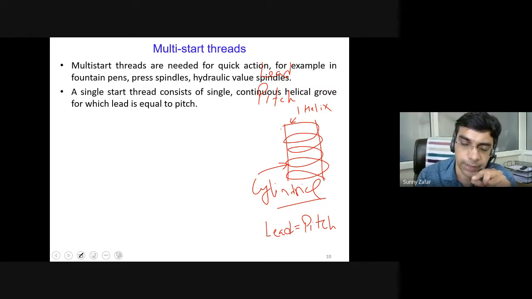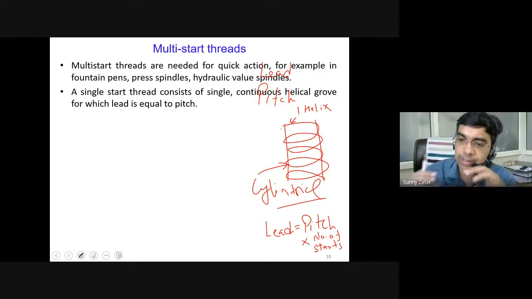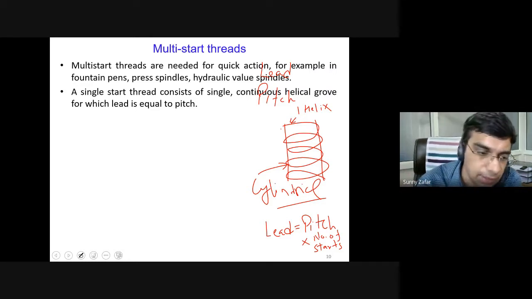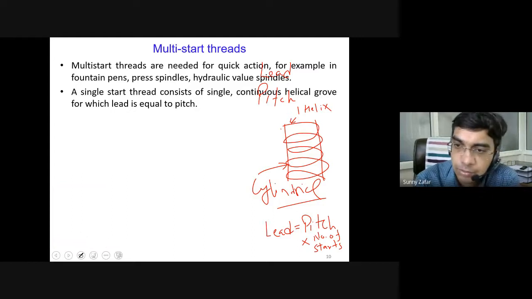But technically, what is lead? Lead is also multiplied by another factor, which is the number of starts. To increase the action or reduce the time of tightening and untightening, instead of one helix, I can cut multiple helices on the surface.